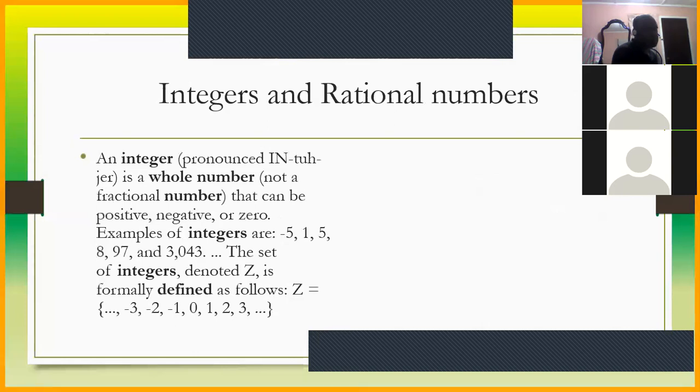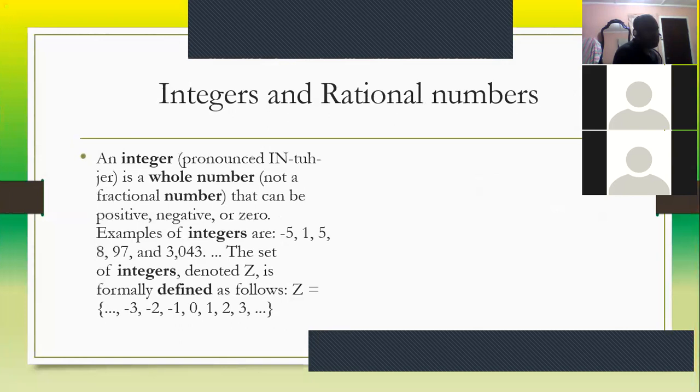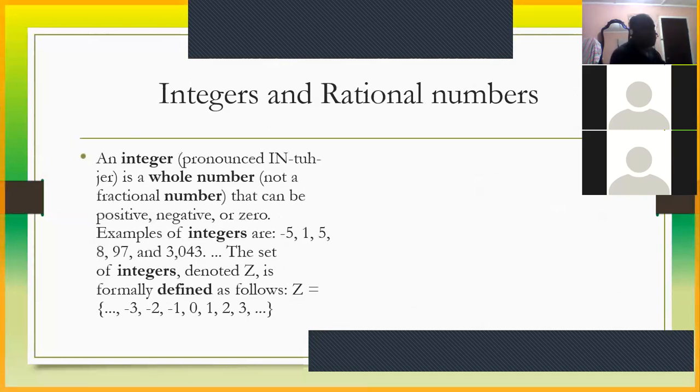Examples of integers are 5, 1, 5, 8, 97, and 3043. The set of integers, denoted Z, is formally defined as follows: Z equals minus 3, minus 2, minus 1, 0, 1, 2, 3.